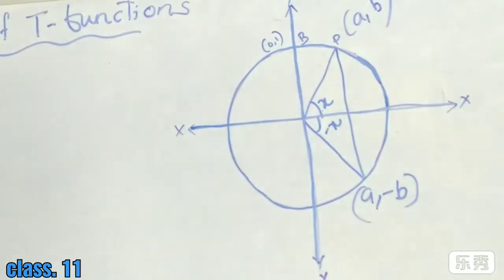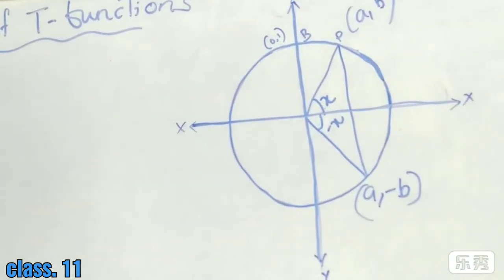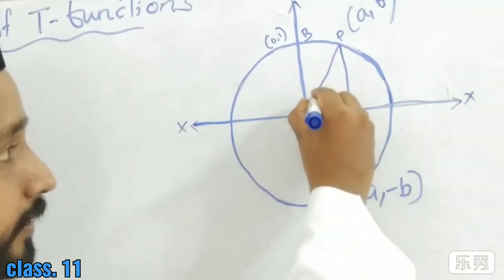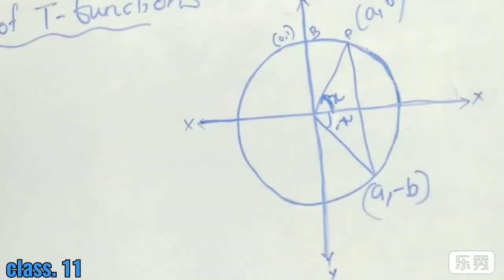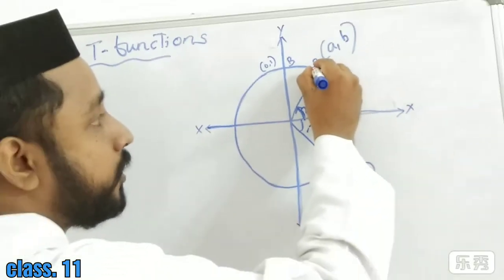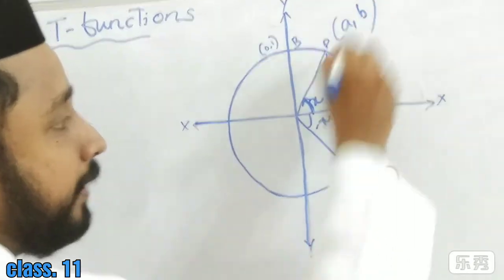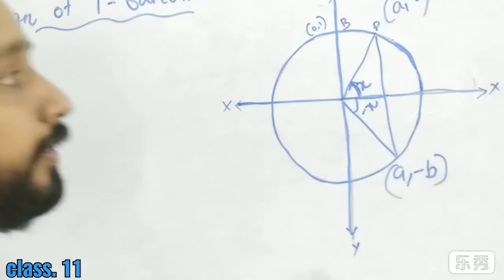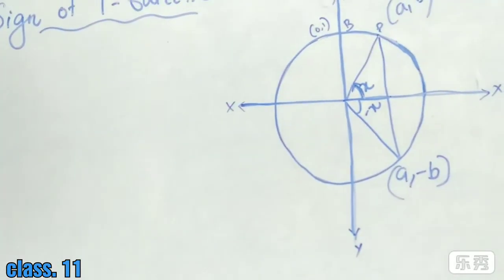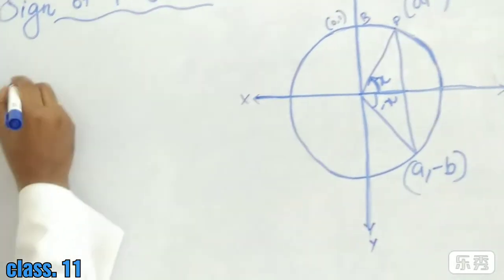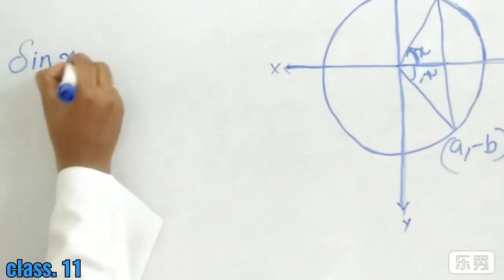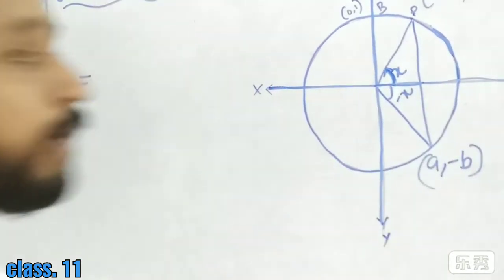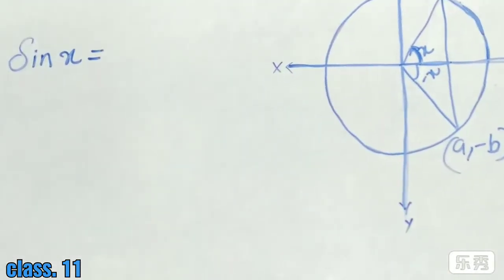Consider a unit circle. Unit circle means radius is 1 unit. Consider this angle x, in this direction. Consider point P with coordinates (A, B), which means this distance is A and this distance is B. Now sin x, sine of this angle x, means opposite side by hypotenuse.